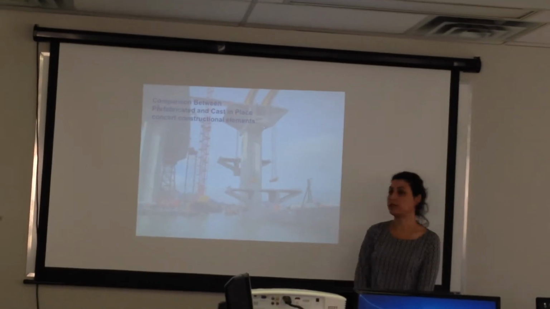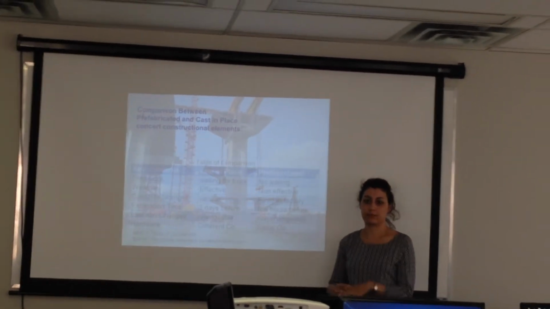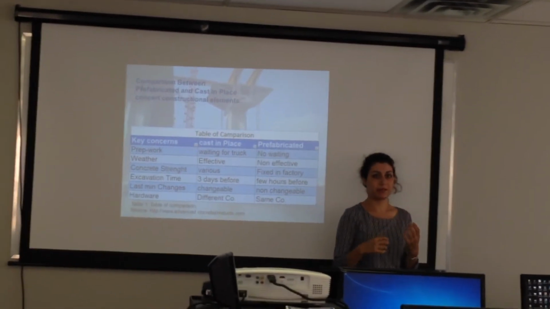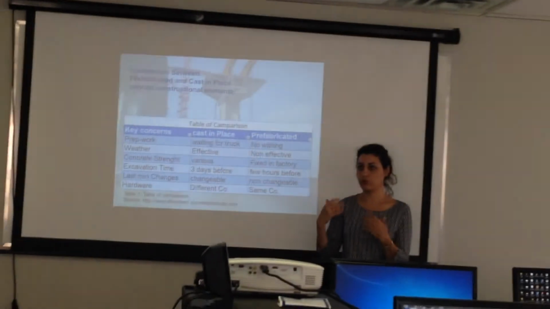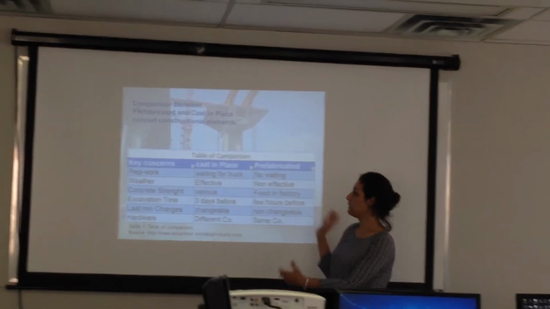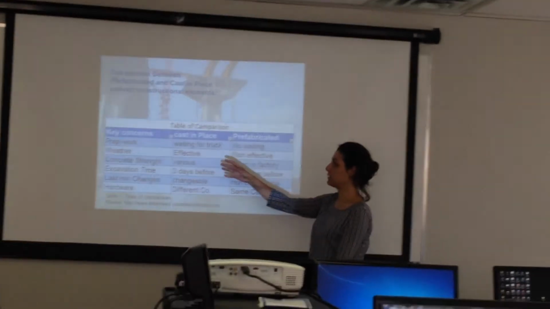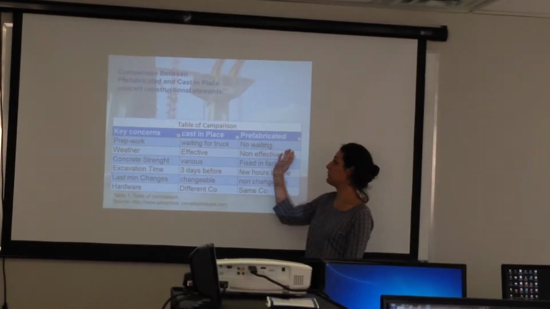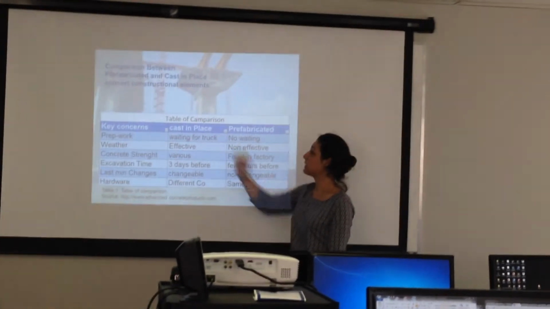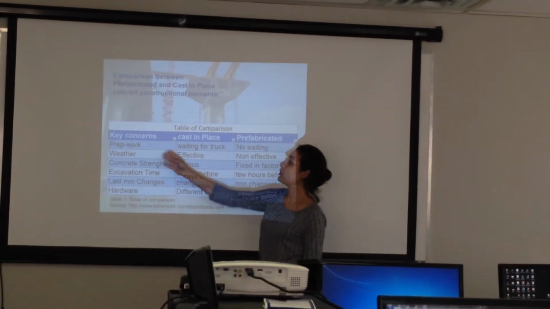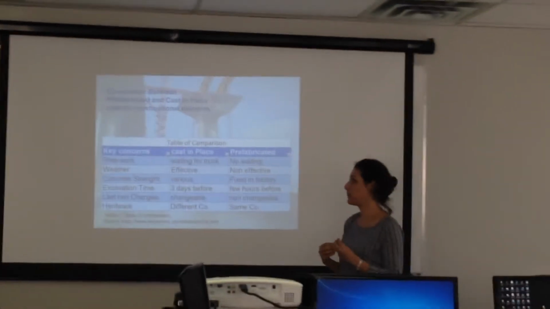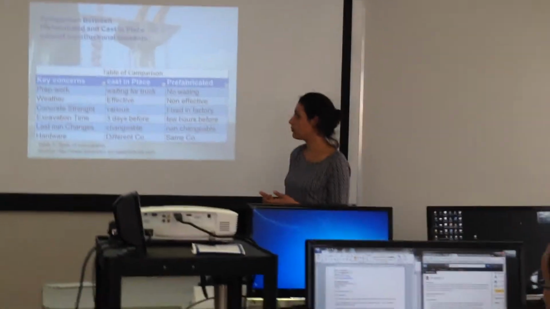Now I want to compare these two methods and give you a chance to select the method for your buildings and your construction. In this table, I divided it into prefabricated or precasted, and cast in place. The pre-work means the things that we need before we start the work.